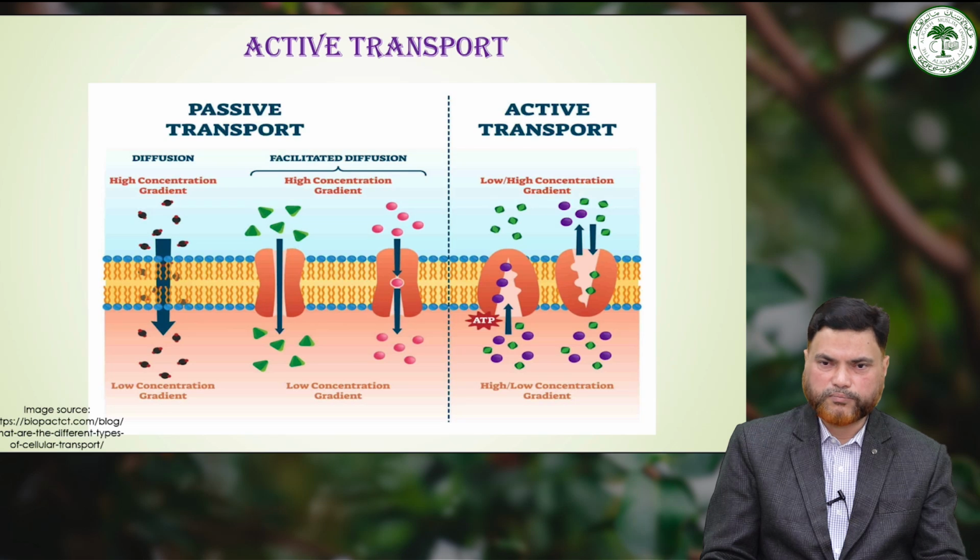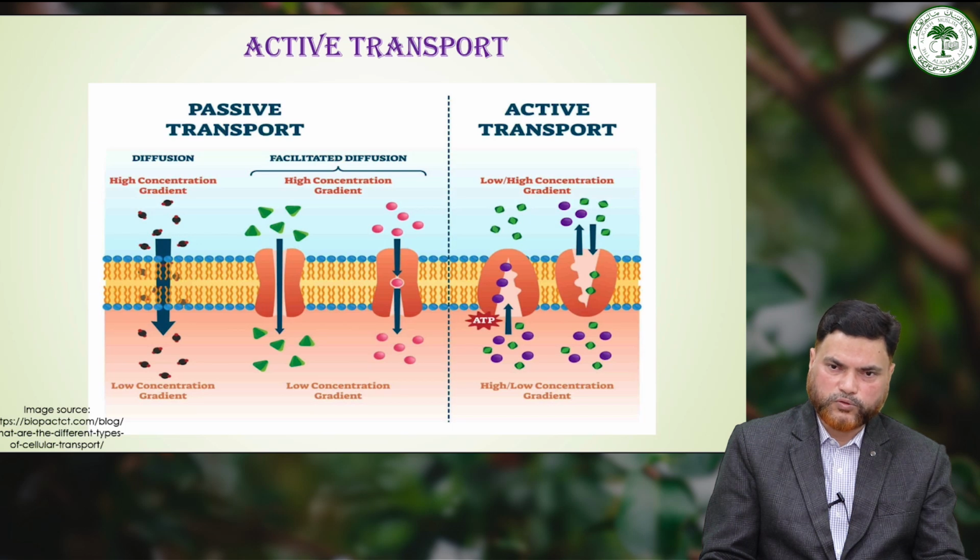Unlike passive transport, which relies on the natural flow of molecules down their concentration gradient, active transport requires energy from cellular metabolism to carry out this process, and this energy is derived from breakdown of ATP, which serves as the energy currency in the cell.